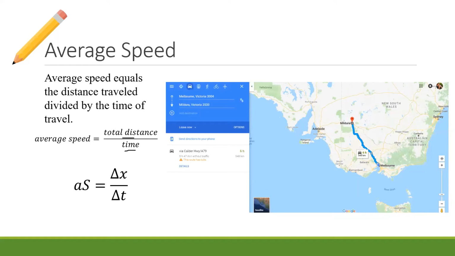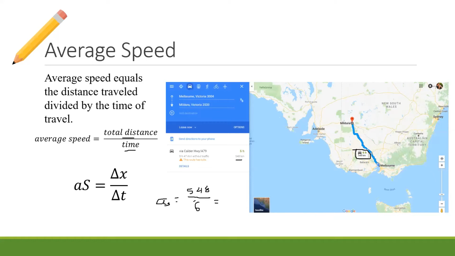The average speed, so here's Melbourne to Mildura. It's a long drive. It's a 6-hour drive. Been on it before. It takes a long time to get there, but it's 548 kilometers. So if I was to calculate the average speed, I would go the total distance, which is 548 kilometers, divided by 6, because it takes 6 hours to get there.